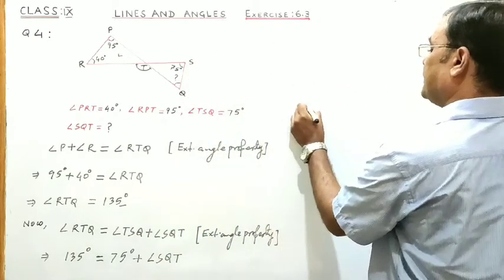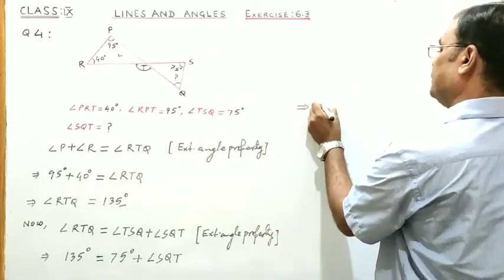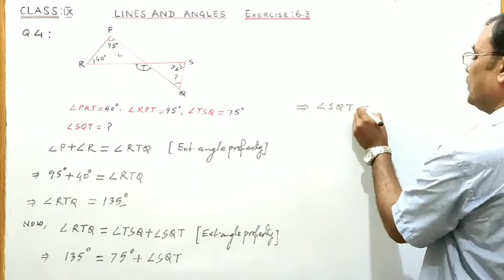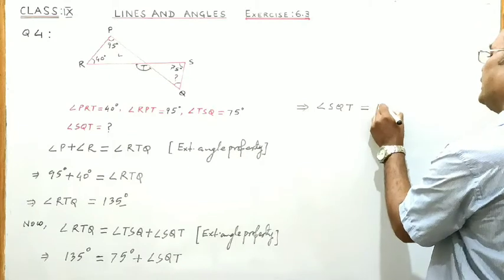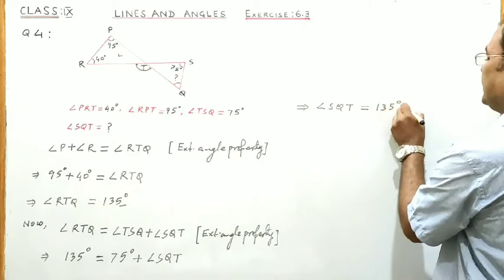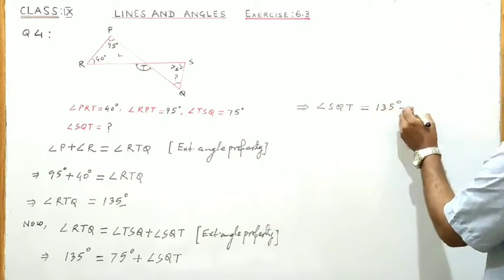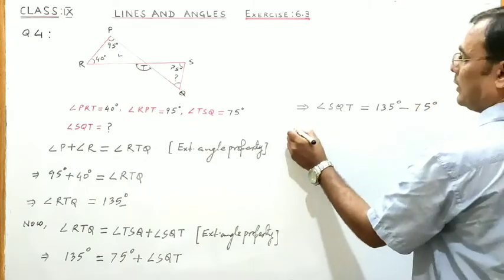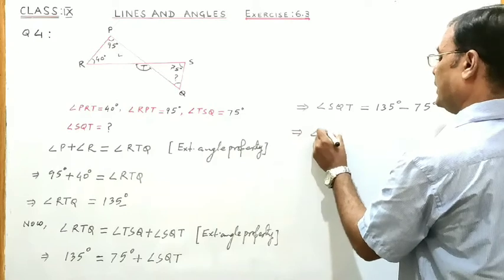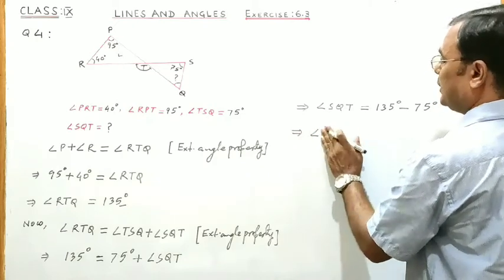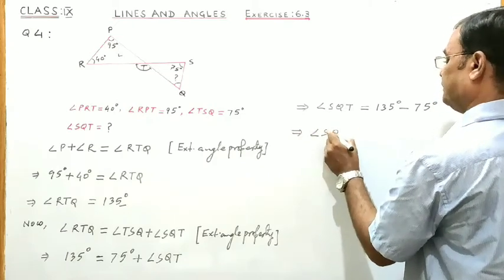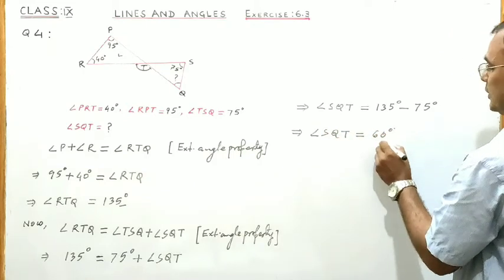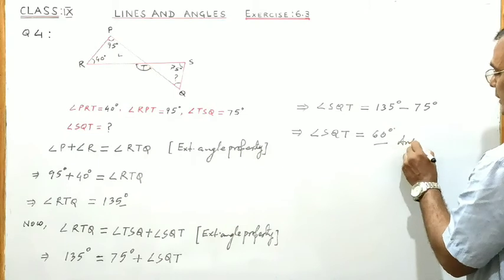This implies angle SQT is equal to 135 degrees minus 75 degrees. So angle SQT is equal to 60 degrees, and this is the answer.